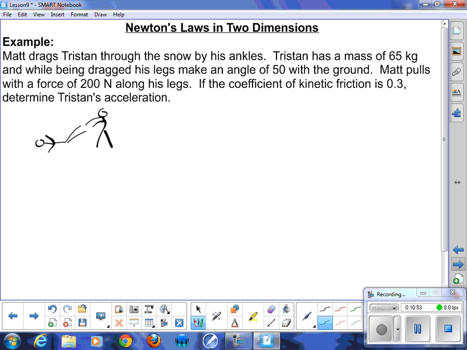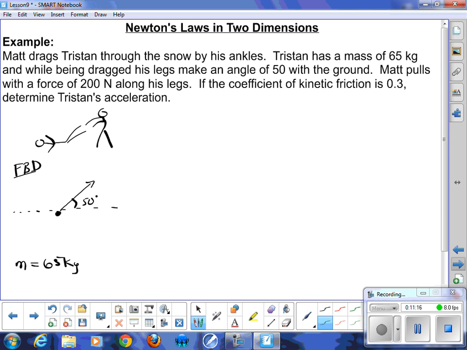So we're going to simplify this with a point diagram using our FBD. We're going to draw a free body diagram. We know the mass of our object is 65 kilograms. The legs make an angle of 50 degrees, so that means whoever's pulling is pulling the person at an angle of elevation of 50 degrees.